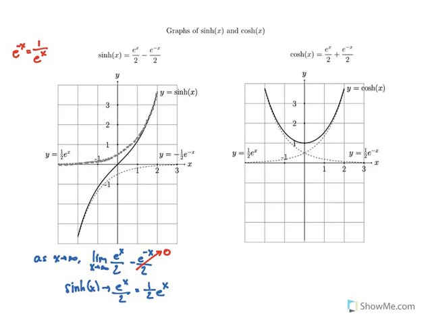As x goes to negative infinity, we have that sinh is going to approach the other term. It's going to approach negative 1/2 e to the negative x, because when we approach negative infinity, this first term will go to 0, and we'll be left with just the other term.